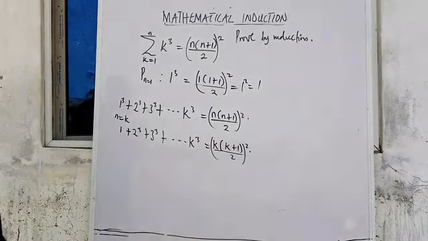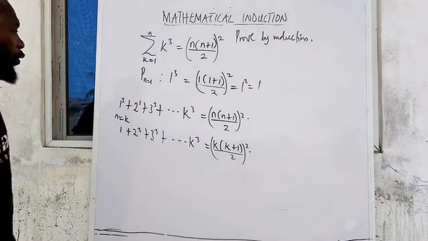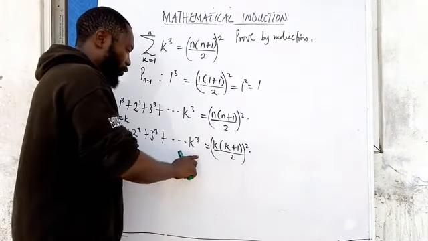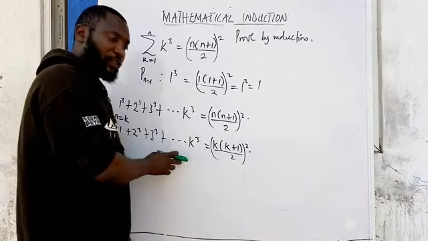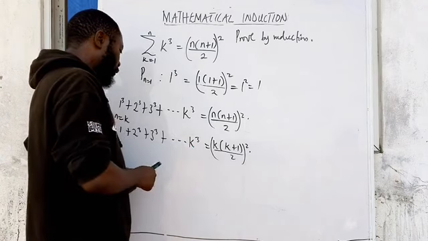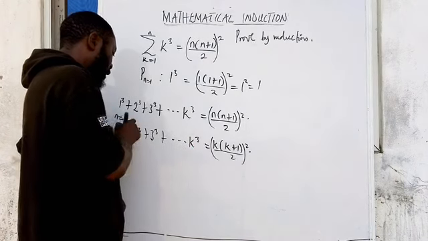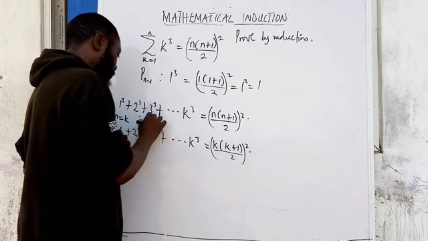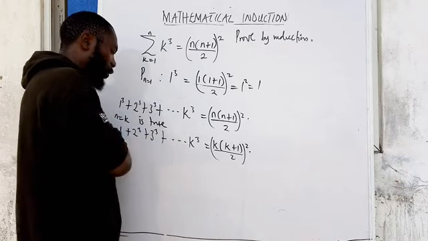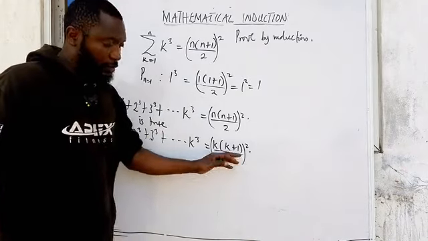This is what you have. But this assumption, so we say this is true, you assume that this is true. So we say this, for n equals to k, is true. That is, when you add everything up to k, you are going to get this result.